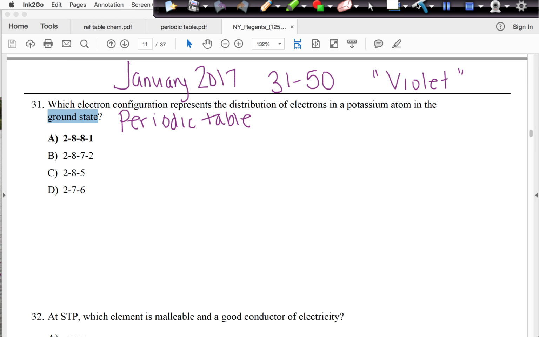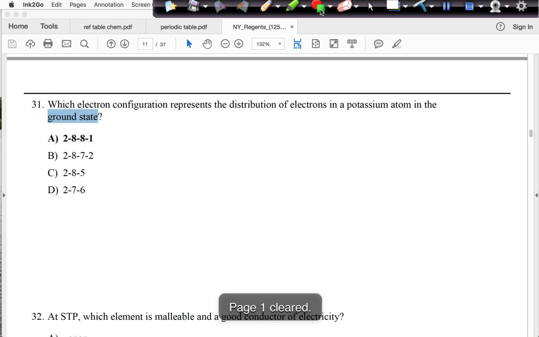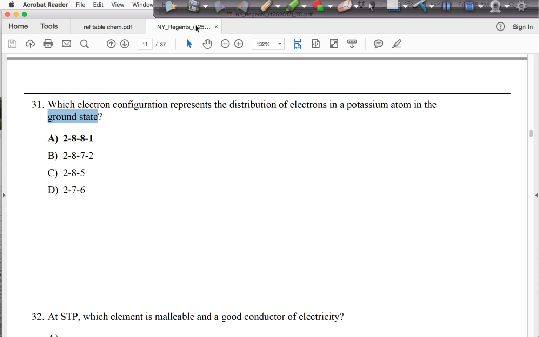So what we're actually going to do, we are going to switch over screens and we're going to look at the periodic table and we're going to find potassium.